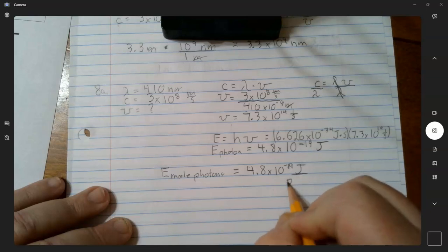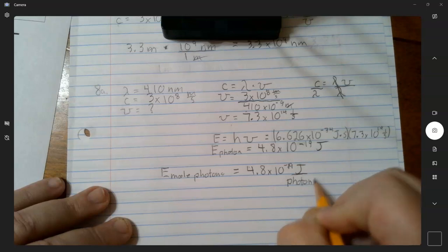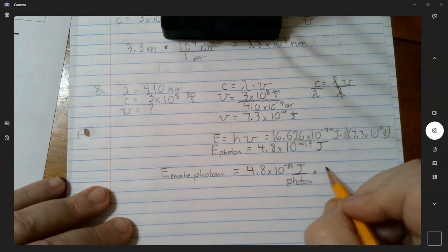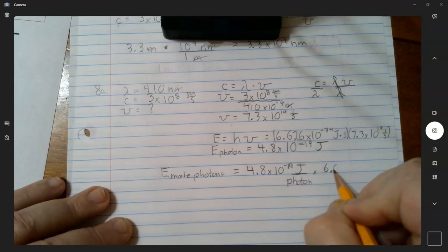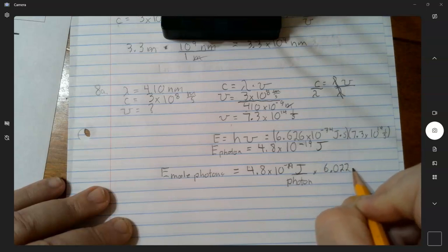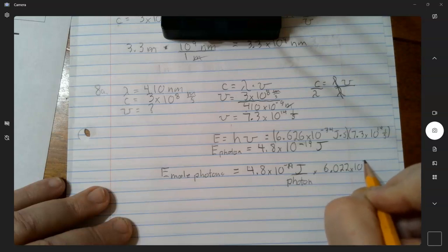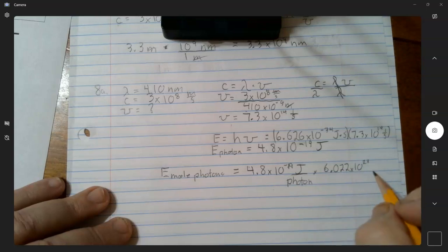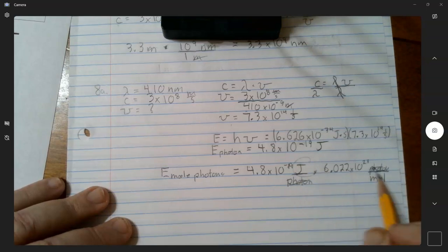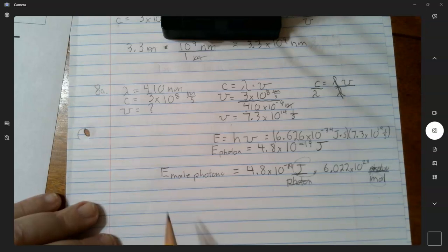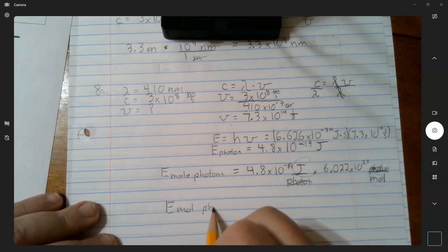I didn't write that up here in the answer, but it's joules per photon. And there are 6.022 times 10 to the 23rd photons per mole. Okay, so photons cancels and you end up with joules per mole. So we come on down here and calculate that.